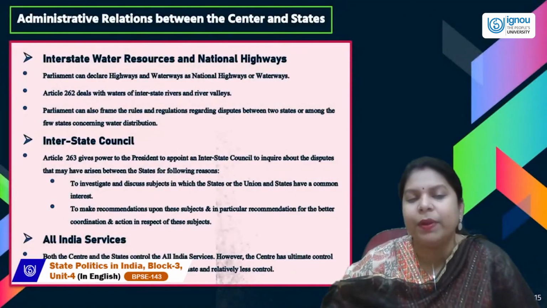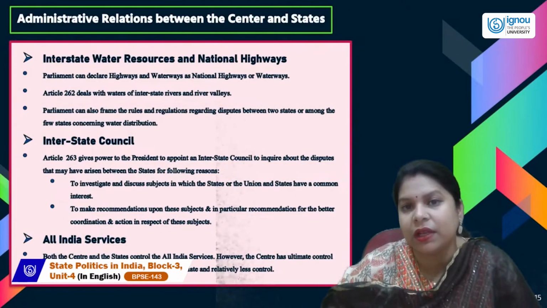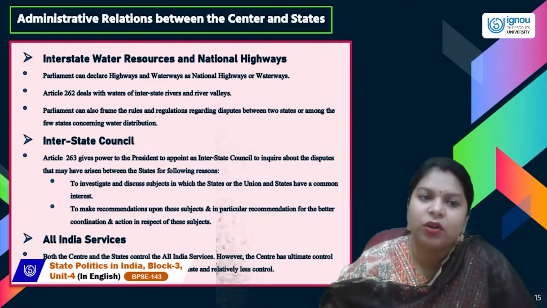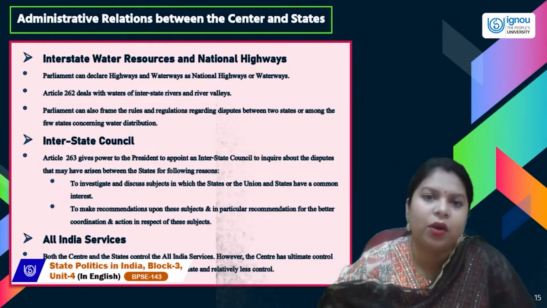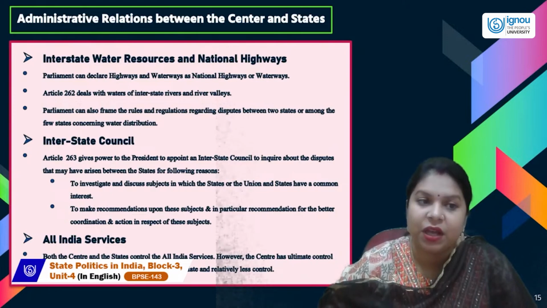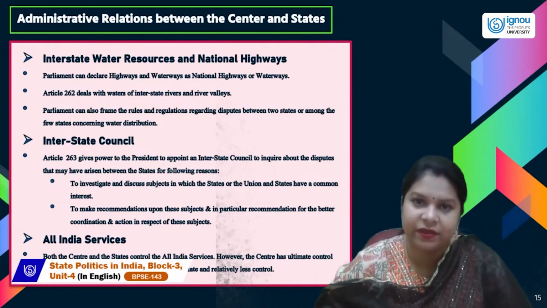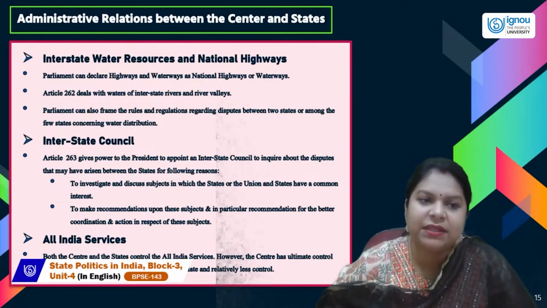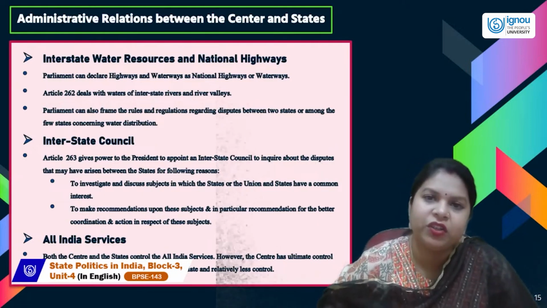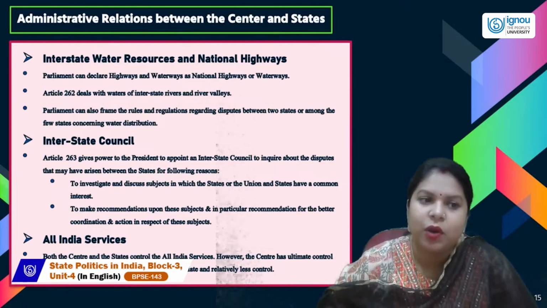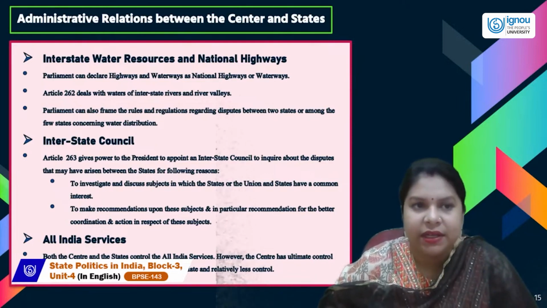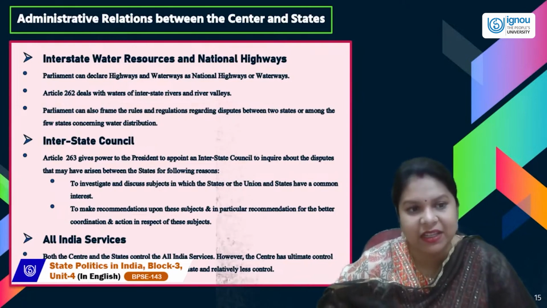Now we will be looking at water resources and national highways, and how they are also an important part of center-state relations. Parliament can declare highways and waterways as national highways and waterways. This is a power which lies with the Parliament. Article 262 deals with waters of interstate rivers and river valleys.